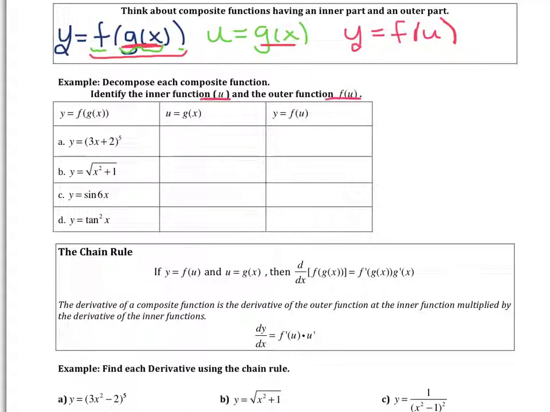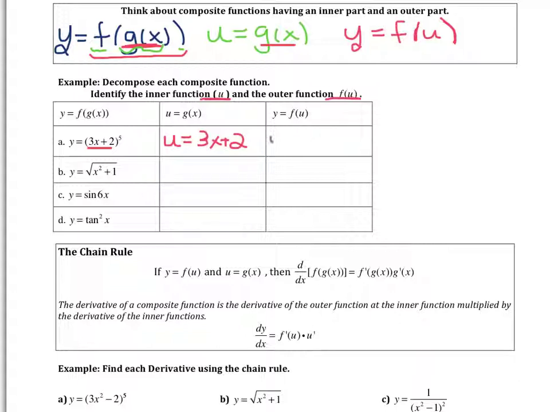So looking at letter A, y equals (3x plus 2) raised to the 5th. This would be our inner function. So we're going to set u to equal 3x plus 2. And then what you're basically doing for the y part is taking out that 3x plus 2 and substituting in a u.